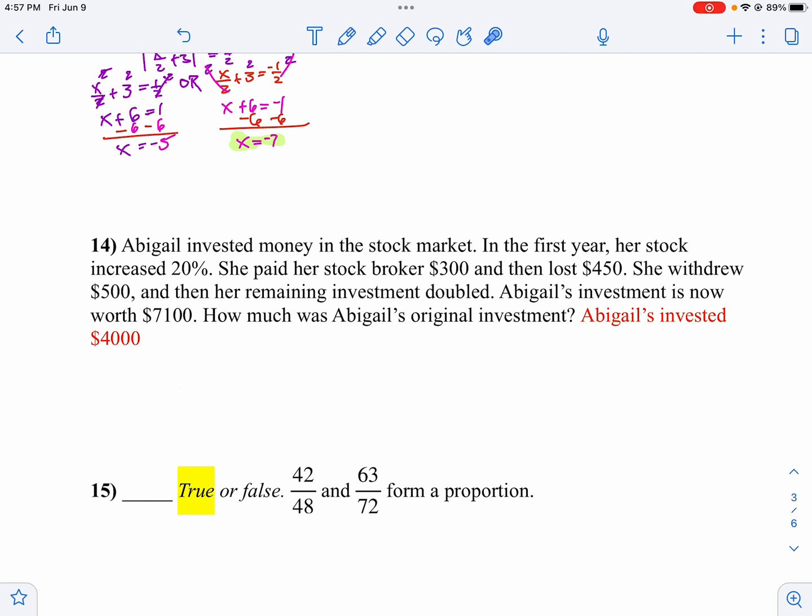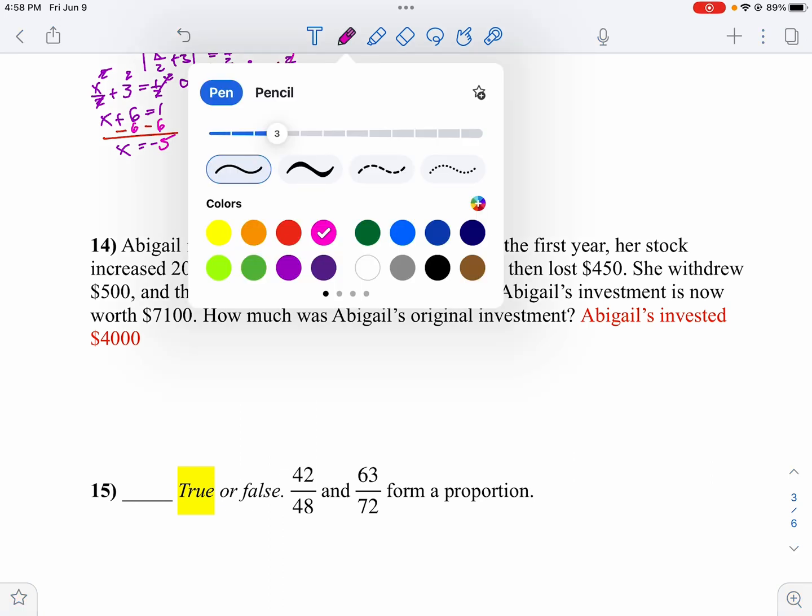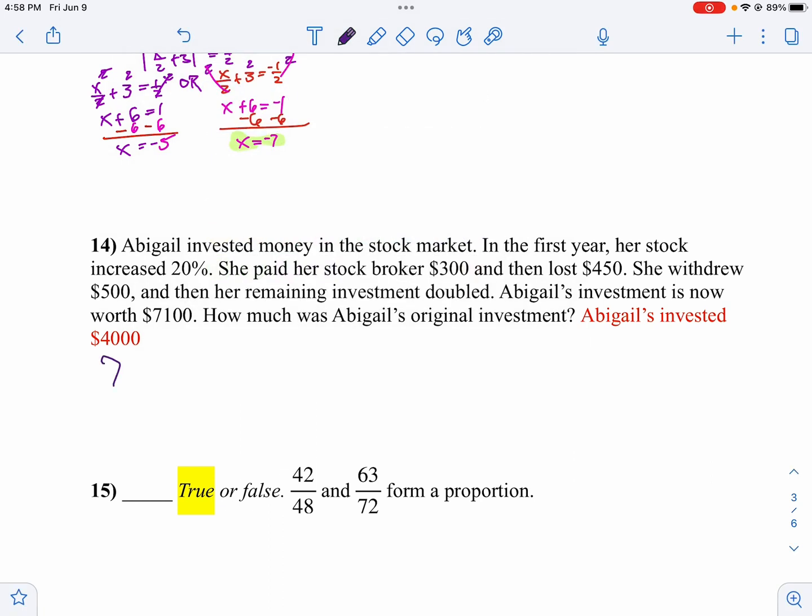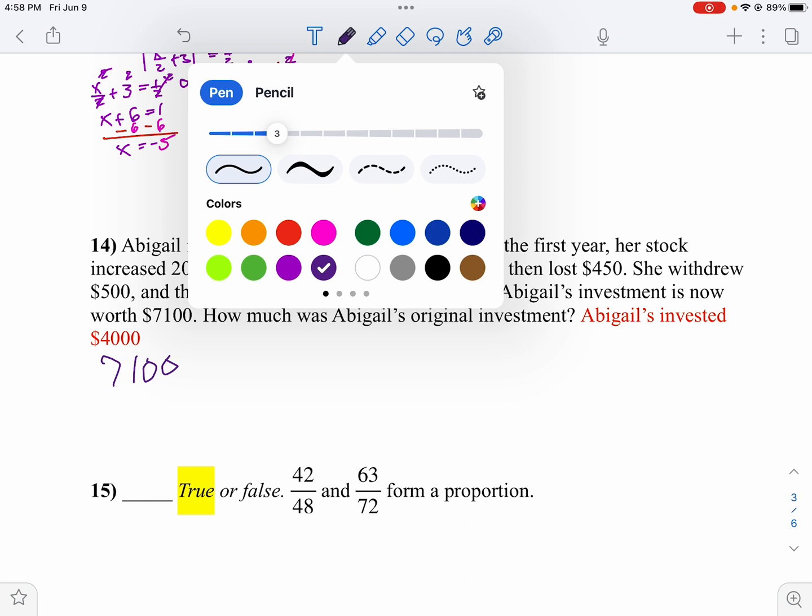Well, there's so much going on here. I think it's easier to work backwards than to try to write an equation, especially with that doubling part, because we have to double the whole expression at that point. Let's just work backwards. We know she ended up with $7,100. She got that by doubling her account.